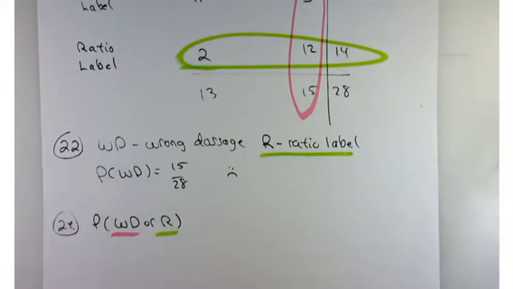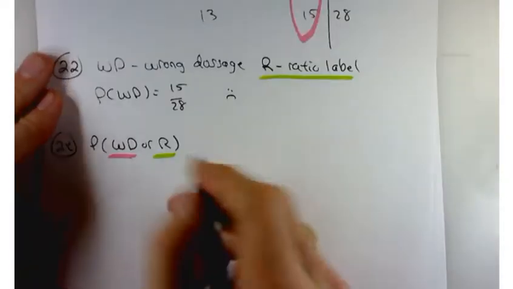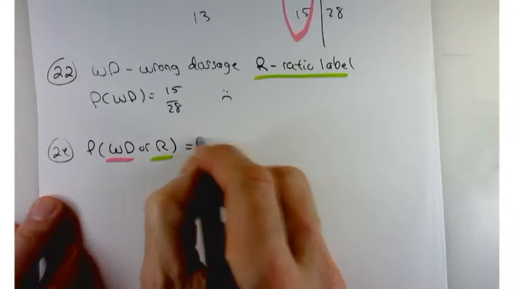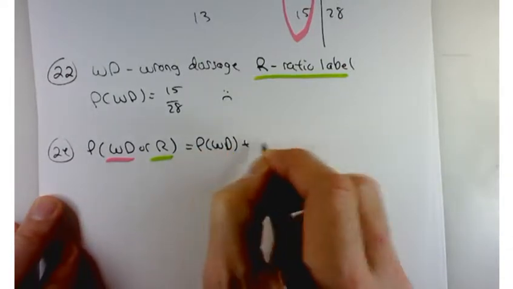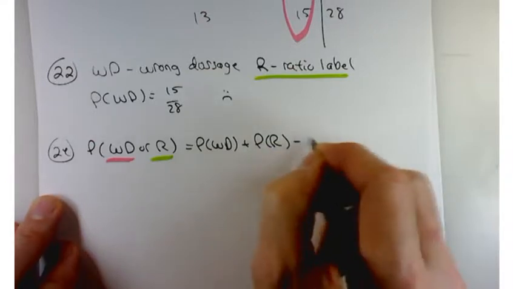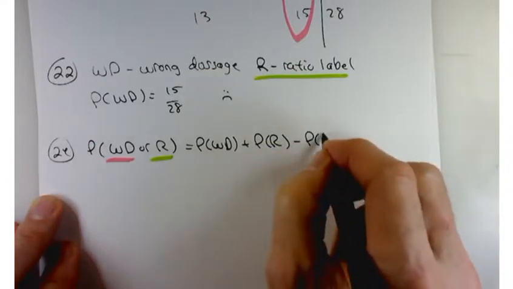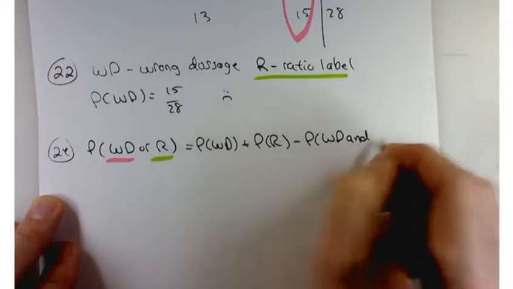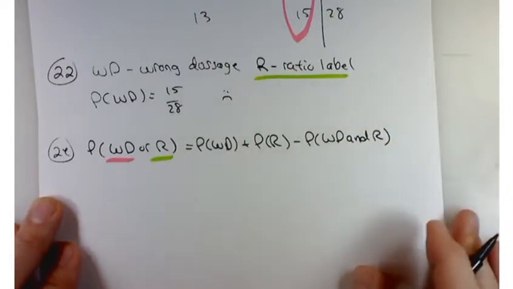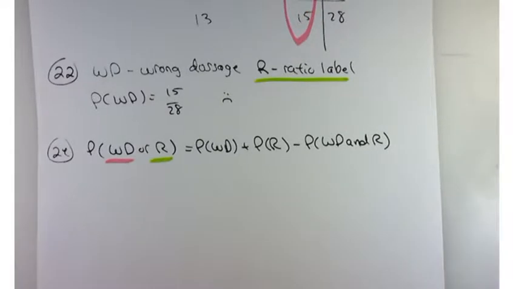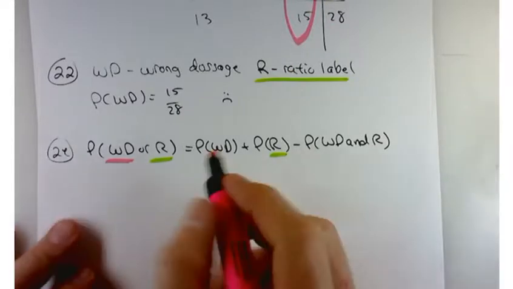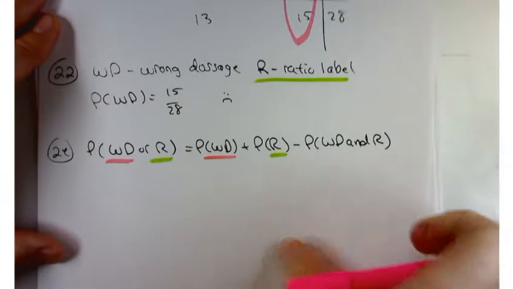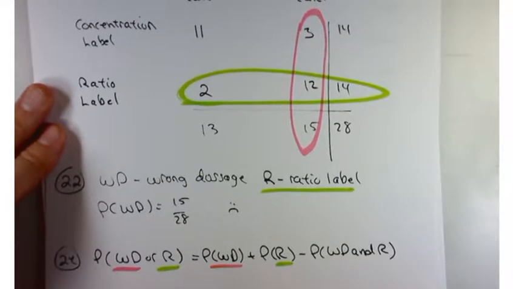So again, you can see that there's a little bit of double counting. What I want you to do is fill in these probabilities. It's probability of WD plus probability of R minus probability of WD and R. So see if you can fill in those probabilities. And let me slide it down a little bit so you can see the table.